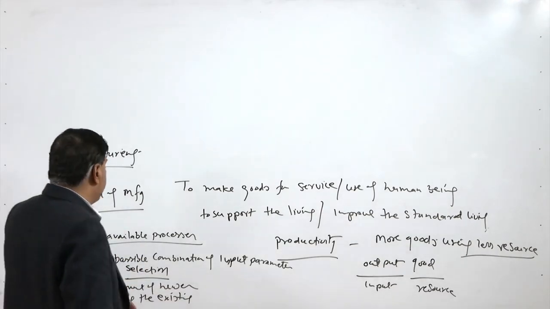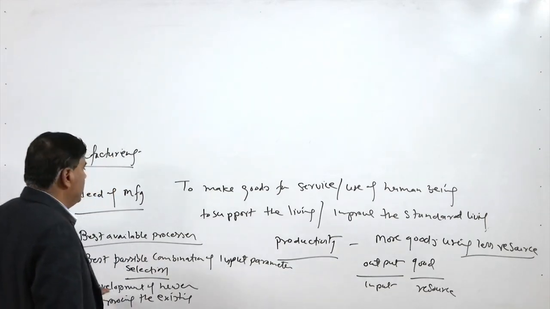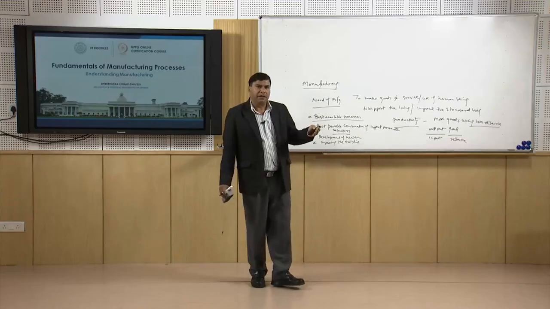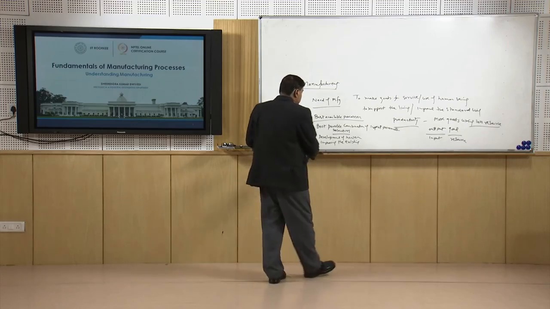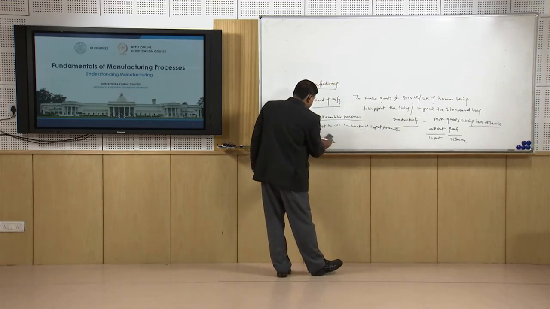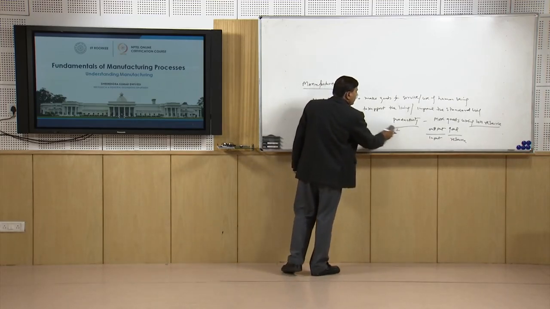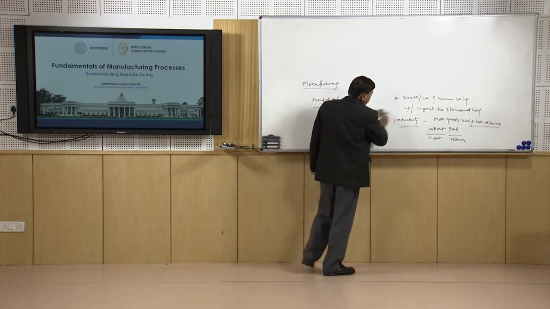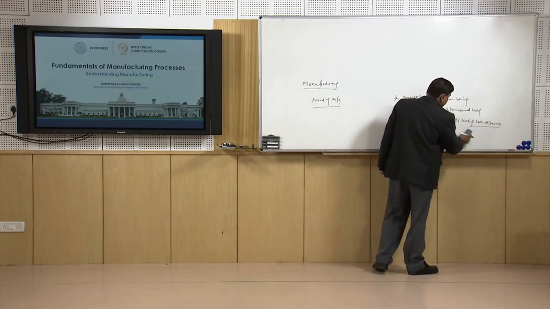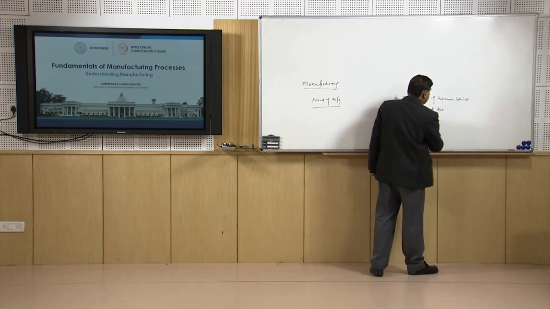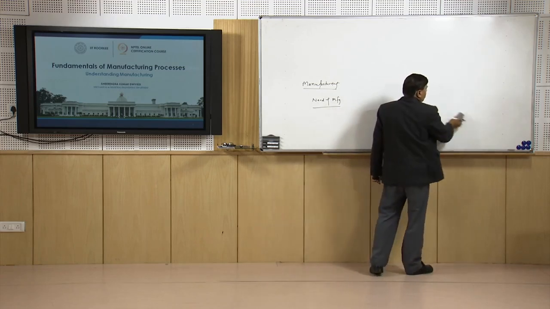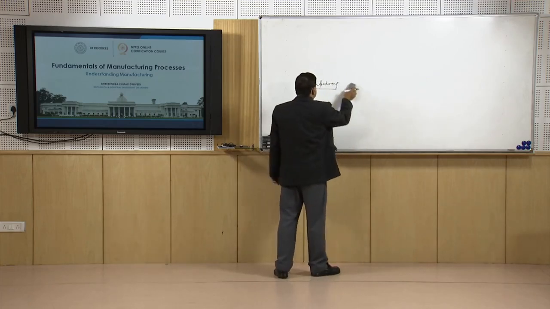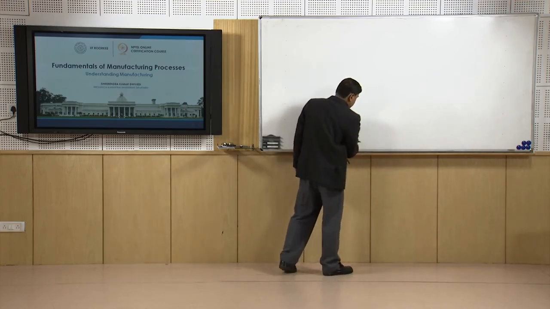So, these are some of the ways by which productivity in manufacturing can be improved, so that the rejection in the form of scrap and defective goods can be reduced, so that we can manufacture more and more using a lesser quantity of resources.